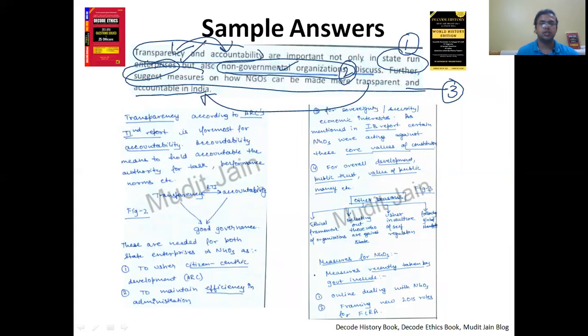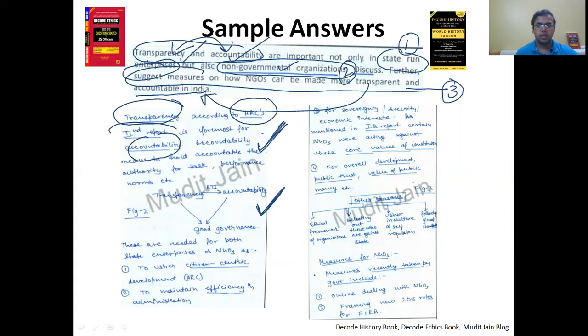Now, transparency is one keyword, accountability is another keyword. Define them. I have made use of the ARC second report. Accountability, I have defined it. So the introduction per se is good. Again, I have drawn that diagram. So one mistake that I committed in the previous question, I have rectified it here already.